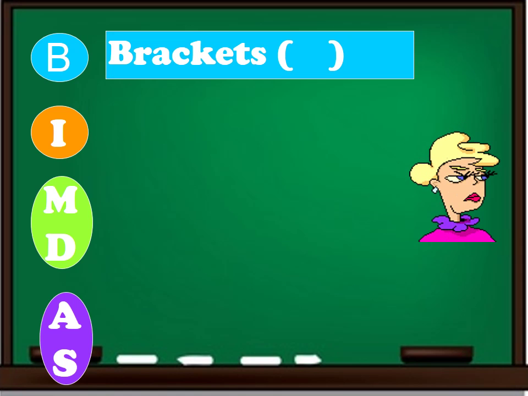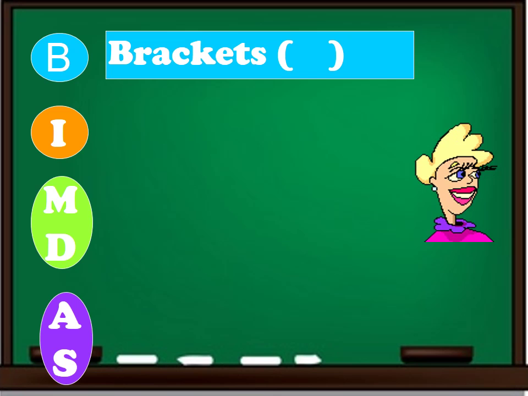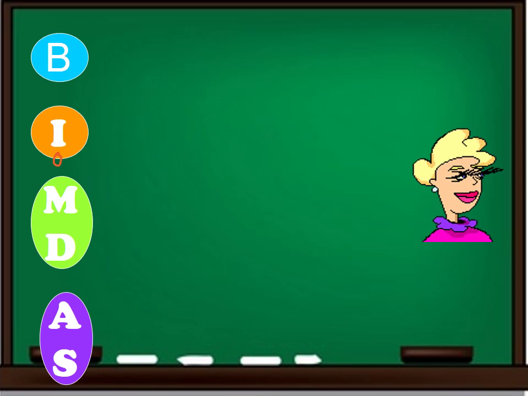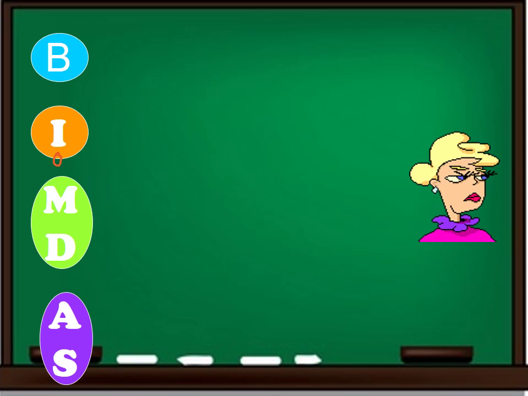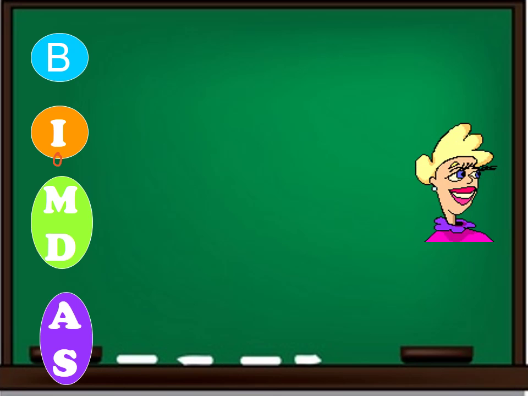Those are simplified by the acronym on the left, BIDMAS, or sometimes if we don't use I, we use O. So brackets, indices, multiply and divide, and addition and subtraction is the last one. BIDMAS is what we say. Sometimes we say BODMAS.